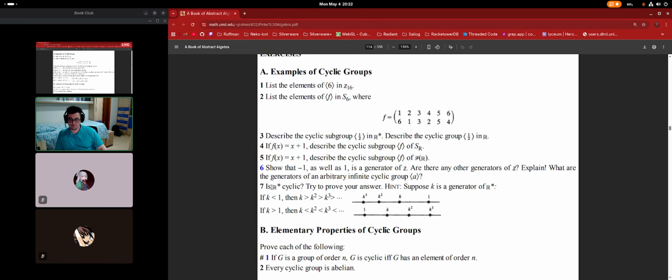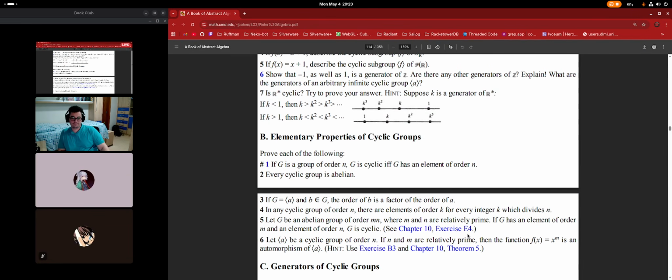There's no solution, but I think the answer is going to be no. No matter what unit you pick, you always have a smaller element that you cannot generate from just powers of the unit, so you're stuck trying to make a cyclic group that's equal to the multiplicative rationals or reals. Sure, I follow that.